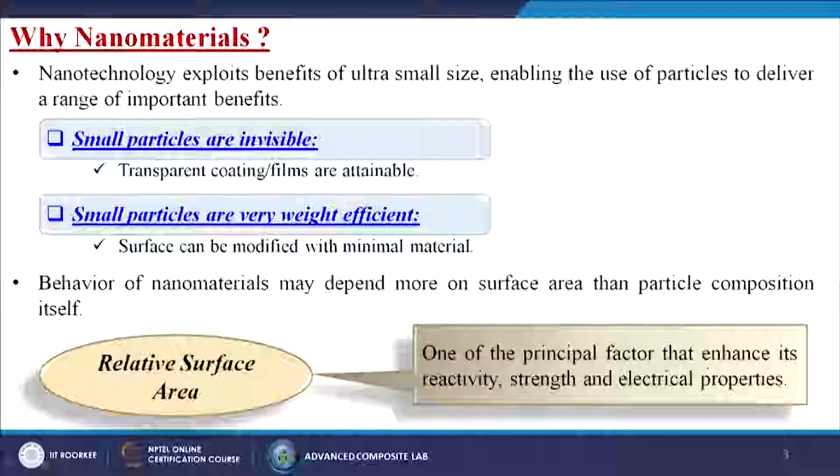Or maybe our strength was less, so after doing some high strength material coating we can make it a harder material. In this way we can change the surface properties of that material, not the chemical properties. Relative surface area is one of the principal factors that enhance, as I already told, reactivity, strength and electrical properties. Previously it was a conducting material, now we are making it totally an insulating material.